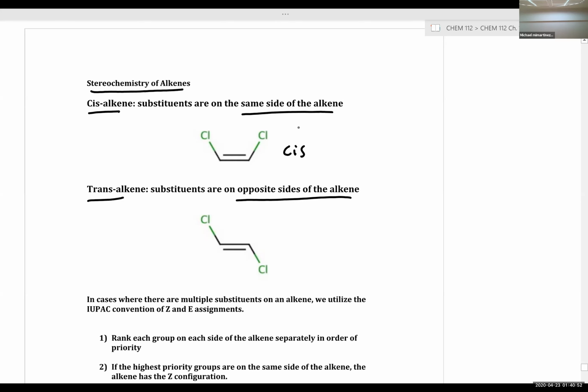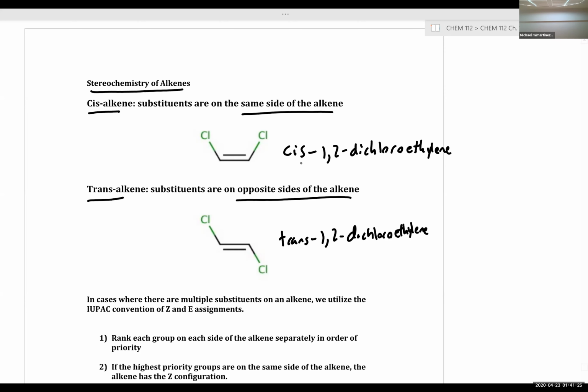So this would be cis 1,2-dichloroethane. Well, this would be trans 1,2, oh, sorry, dichloroethylene.